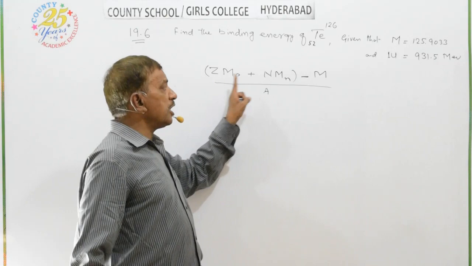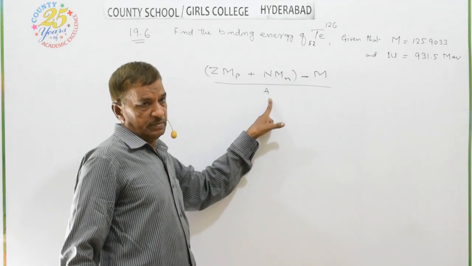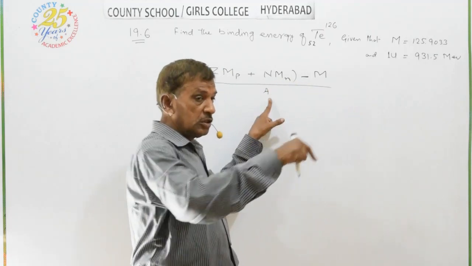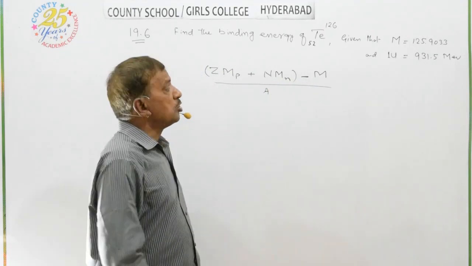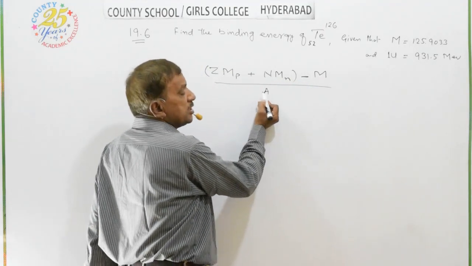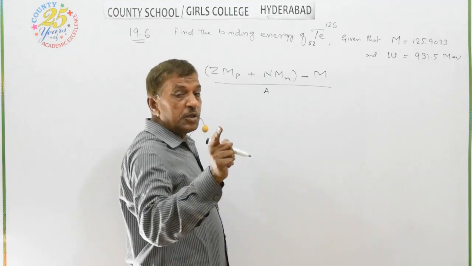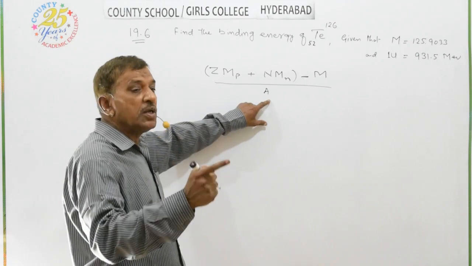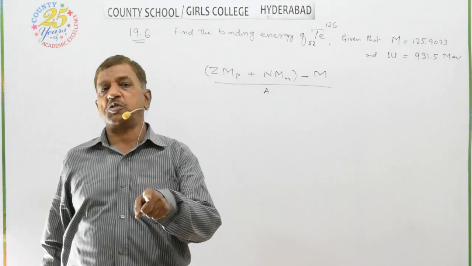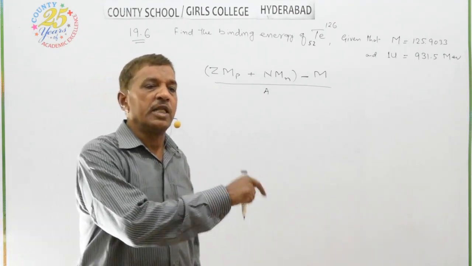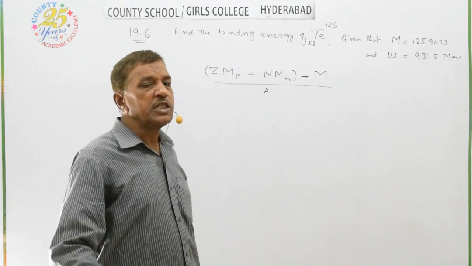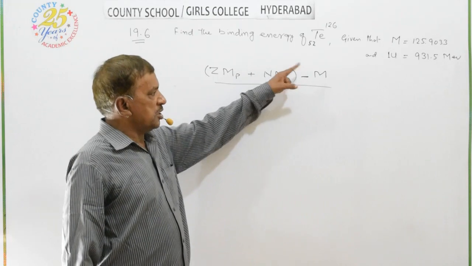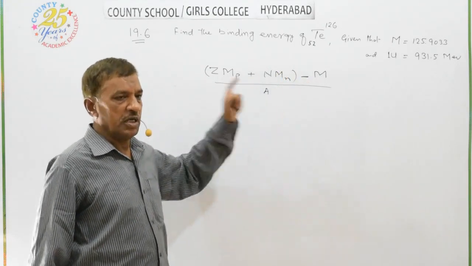That mass defect per nucleon shows what the binding energy of that nucleus should be. As the number of nucleons in the nucleus increases, mass defect per nucleon will decrease and its binding energy will also decrease. So binding energy actually depends on the mass defect per nucleon.